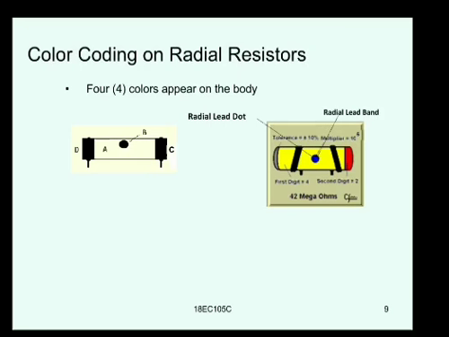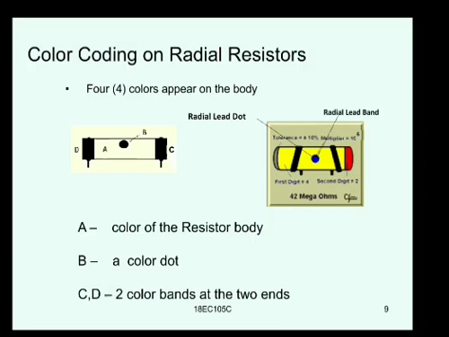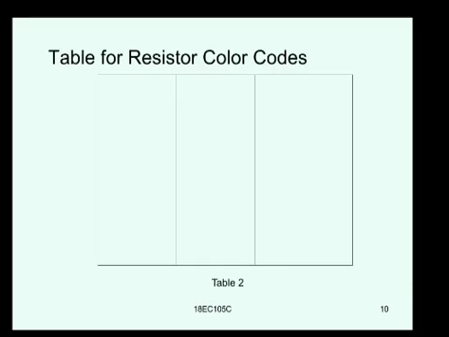The other color bands are the two ends of the component, C and D. A is the color of the resistor body, B is the color dot in the middle of the component, then C and D are the two color bands representing the two ends of the component.